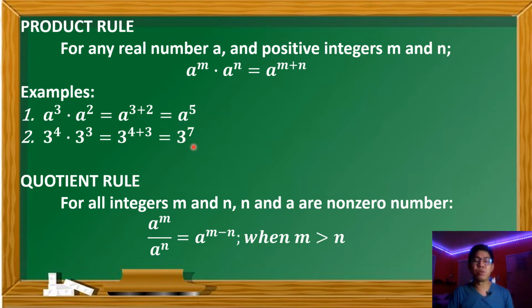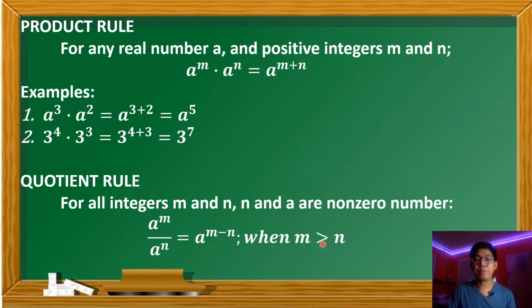The second rule is what we call the quotient rule. The quotient rule states that for all integers m and n, and a a non-zero number, a raised to m over a raised to n is equivalent to a raised to m minus n when m is greater than n.